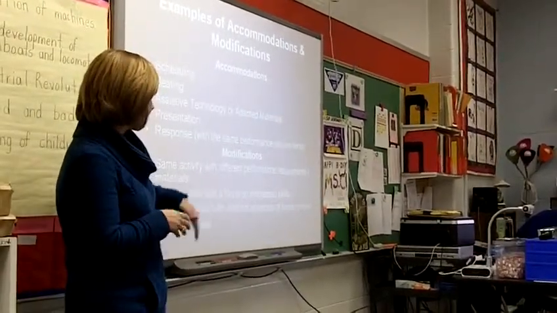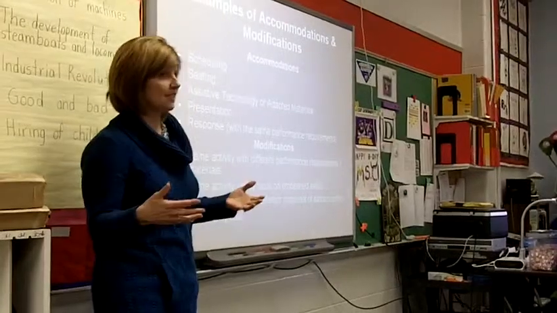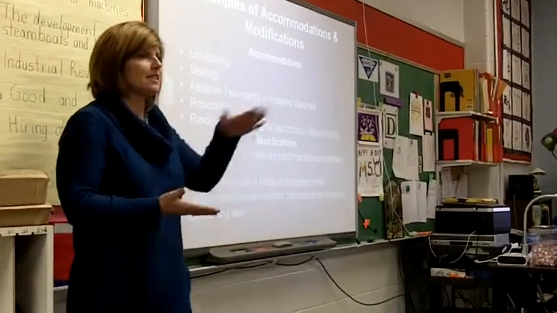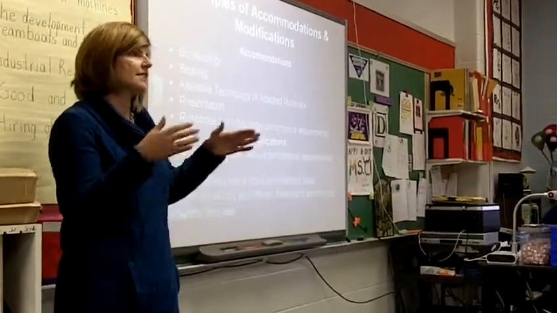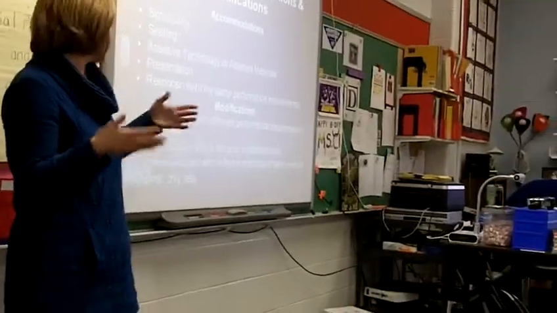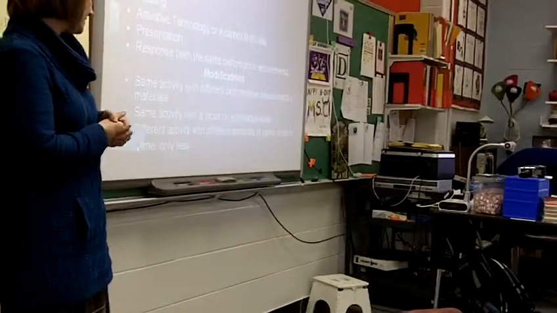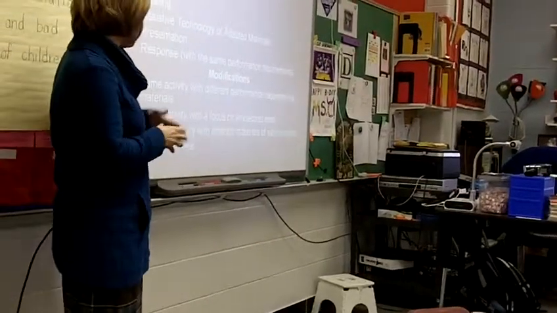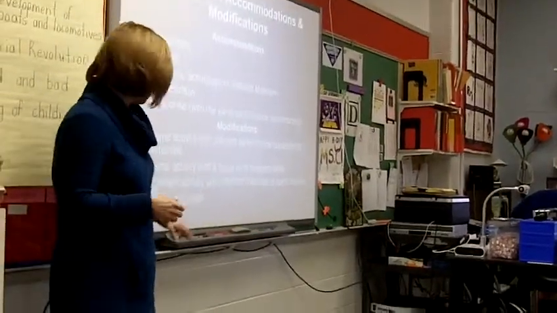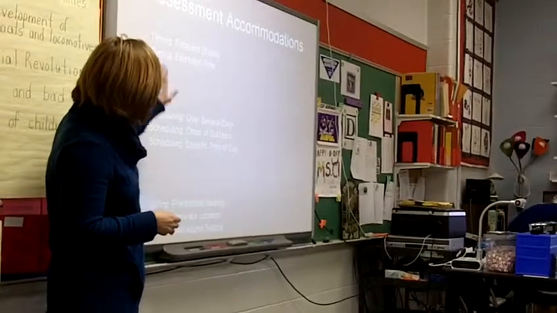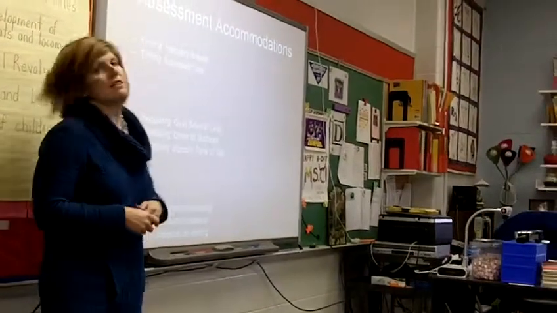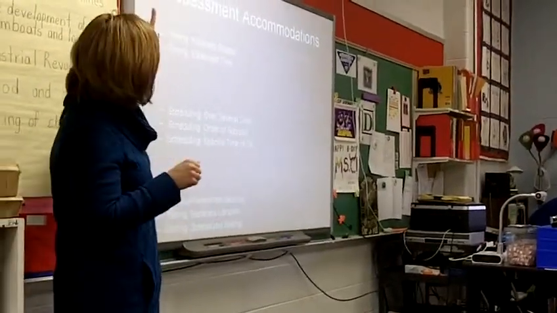Same activity with a focus on embedded skills. What are the pre-skills necessary so that this kid is successful in an individual task versus working with a partner versus a group? And then a different activity with different materials of the same content, but only less.